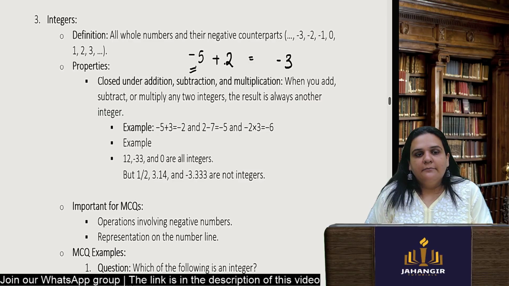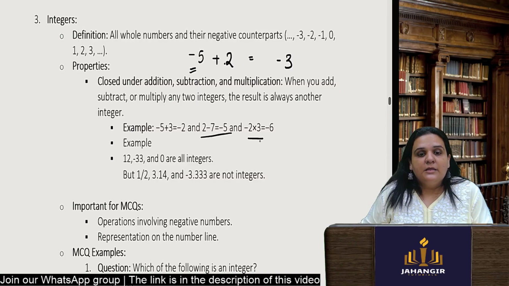We all know that. So whenever I do addition, subtraction or multiplication of two integers, the result will always be another integer. See this, 2 minus 7 is equal to minus 5.